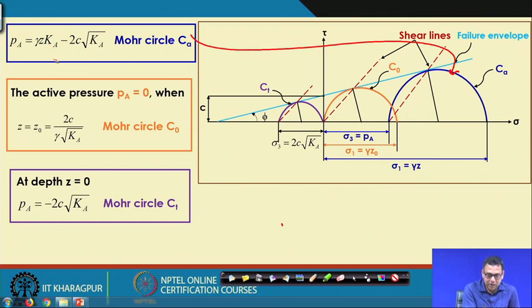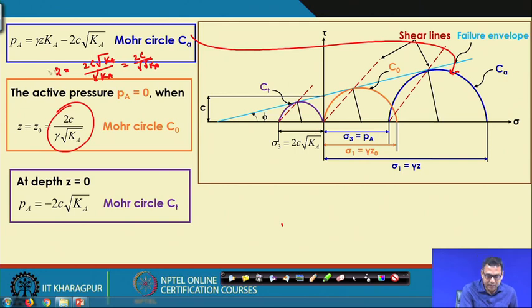From here the z value will be 2C root K_A divided by gamma K_A, so I can write 2C over gamma root K_A.